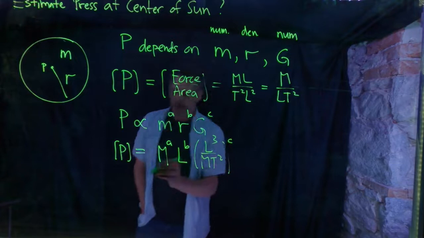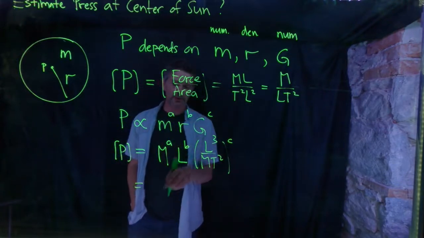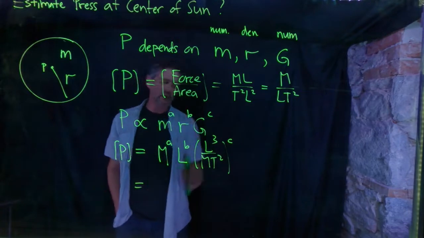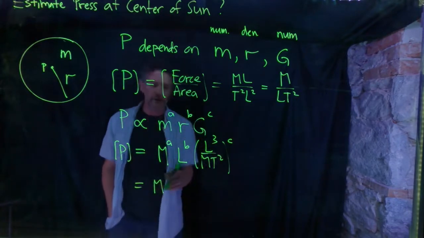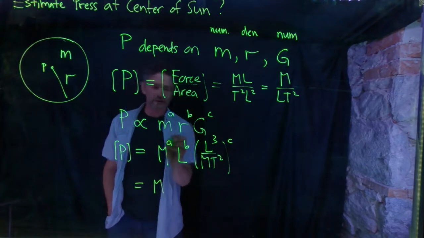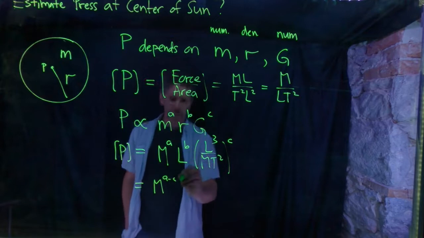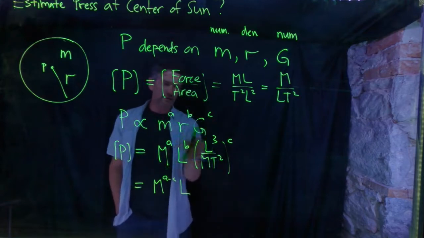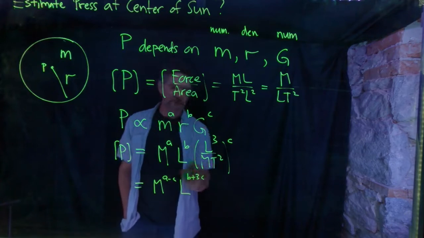So then you crank this out and you just treat this as an algebraic expression. You have an m to the power of a there, you have an m to the power of c in the denominator. So the power of the masses is a minus c. And then you have a length. There's a b there, and there's a 3c there. So it's length to the power of b plus 3c.